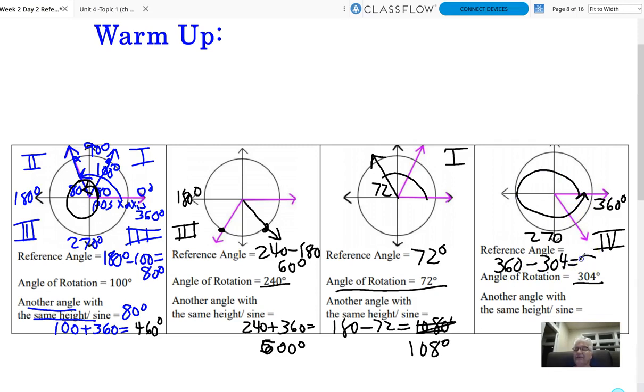So that reference angle will be 56 degrees. And again, to find the same height, you could do 304 plus 360 for 664 degrees. Or you can rotate to the third and say this and this, and then you would just have to measure this here. So that's our warm-up.